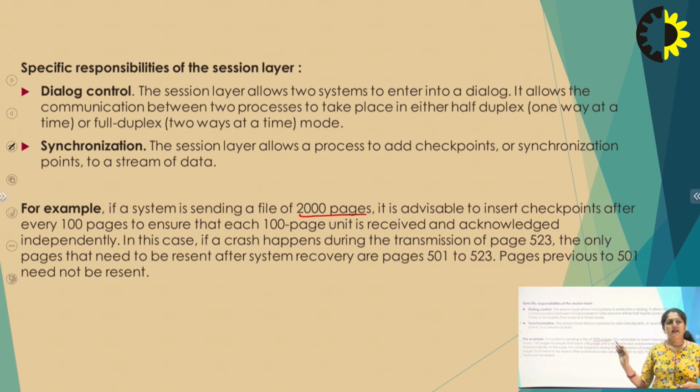Like this only, if we are sending data of 5,000 bytes, in every 100 or 200 bytes, or every 1,000 bytes also, we will be using some checkpoints so that we can ensure that the 1,000 bytes of data are received successfully by the receiver, and we get the acknowledgement.